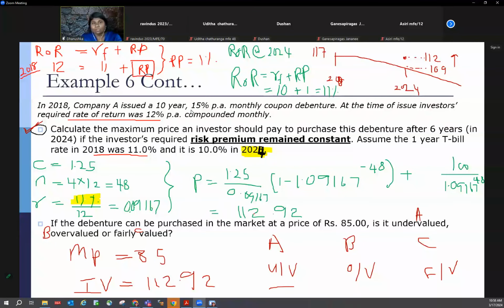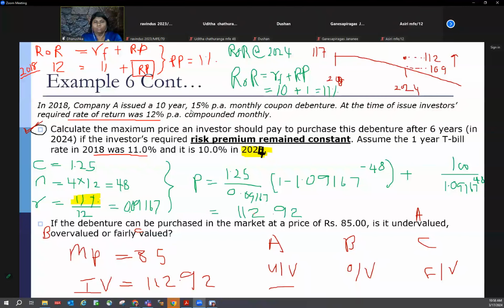And why is that not acceptable? Because for the risk that I am taking, I want an 11% return. To justify the risk that I'm taking, I want an 11% return. But if I pay anything more than 112.92, I'm not going to get that 11% return. My return will be lower.